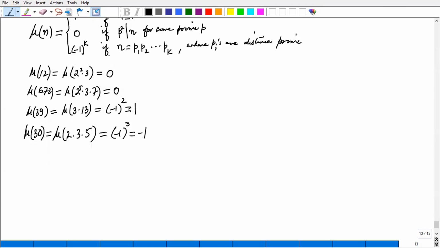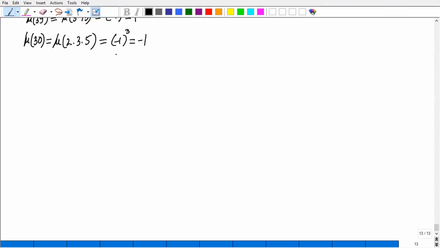Similar to the other multiplicative functions that we discussed, sigma, tau, and phi, mu is also multiplicative. Theorem: the function mu is multiplicative.